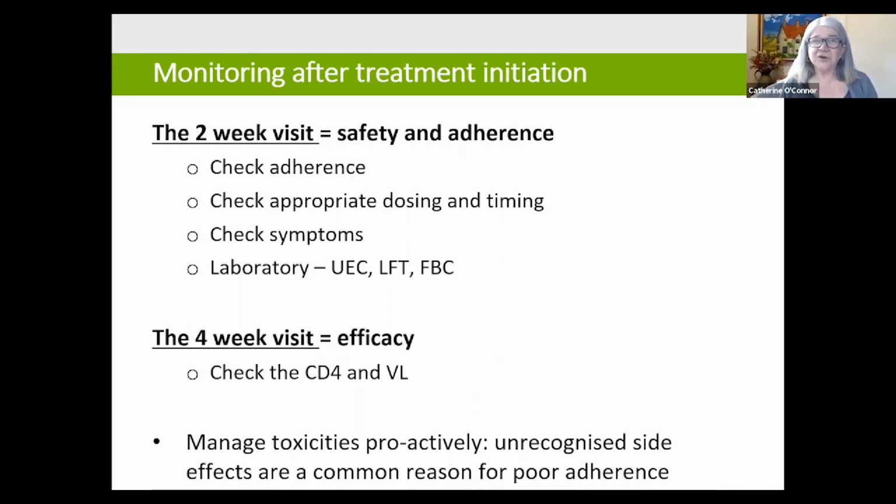Basically, the first month or so after people start drugs is the really important time for them to develop a pattern of taking medication. So it's really important that you're checking on adherence at that stage. Check that he's taken the appropriate dose and he's also timing it appropriately so that he understands he needs to take it at the same time every day.